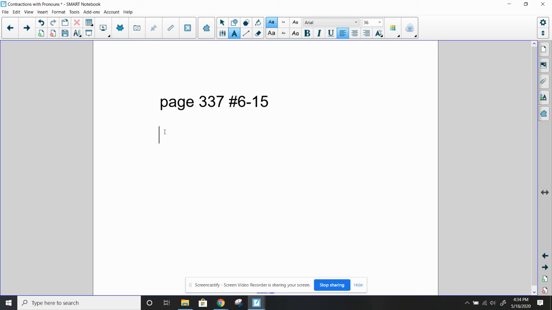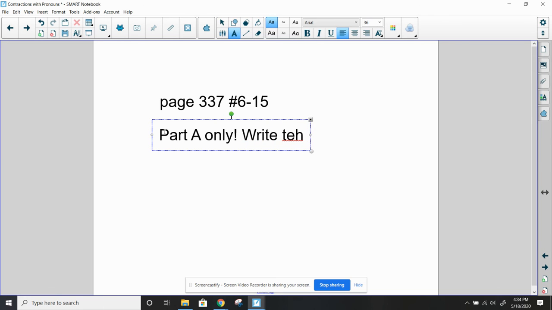Only 6 through 15. So you're only going to do part A only. You only have to write the contraction. You do not need to do part B. Simple assignment today, page 337, 6 through 15. Part A only, write the contraction. Good luck, and it's due tomorrow, Wednesday.